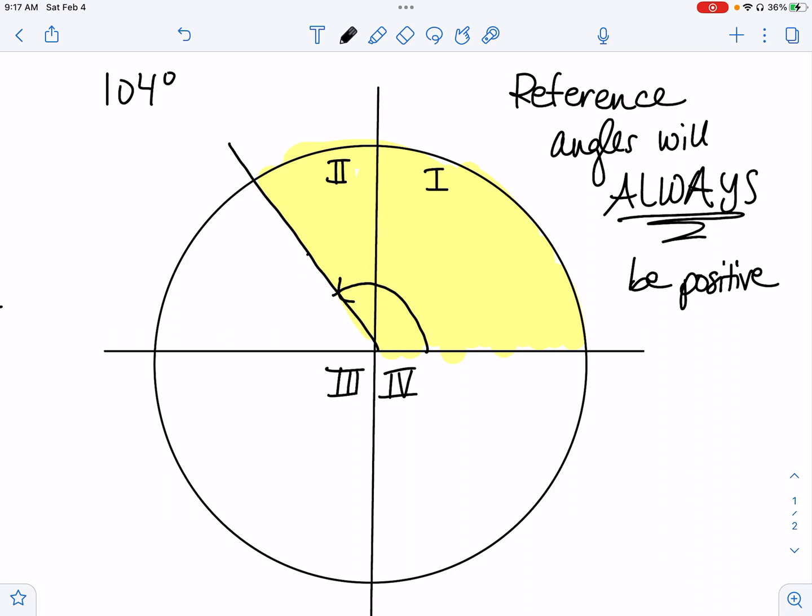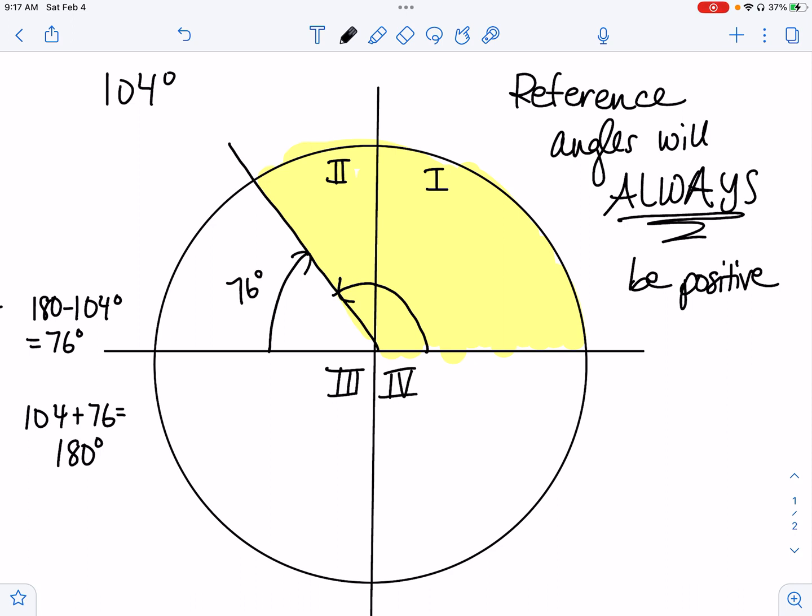The distance from here to here is going to be 180 degrees minus 104 degrees. 100 minus 100, nothing, so that part goes away. 80 minus 4 is 76 degrees. Pro tip about reference angles: you should be able to say, okay, 104 plus 76, yes, that does equal 180 degrees. So my reference angle here is 76 degrees.